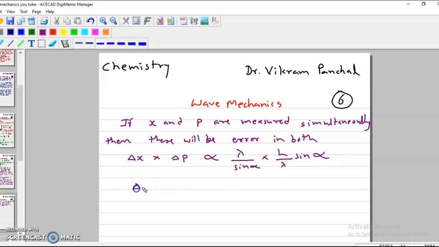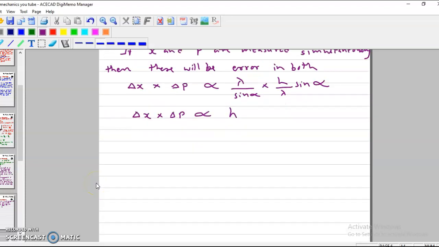So we can say that delta X times delta P is proportional to h. h is a constant, and that is why if you want to put an equal sign, you need another constant, and Heisenberg calculatively found that delta X into delta P is greater than or equal to h upon 4 pi. And this is known as Heisenberg's uncertainty principle, or delta X into m delta V is greater than or equal to h upon 4 pi.